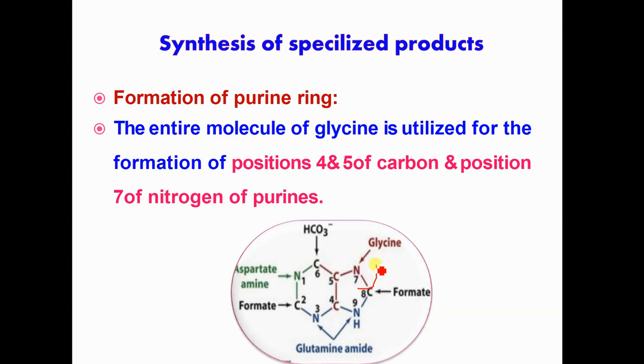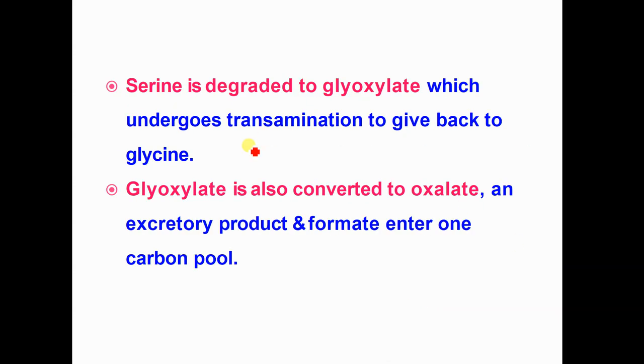So among your purine, C4, C5 and N7 are derived from glycine. And serine is degraded to glyoxylate, which undergoes transamination to give back glycine, whereas glycine will be converted to oxalate, an excretory product, and formate.